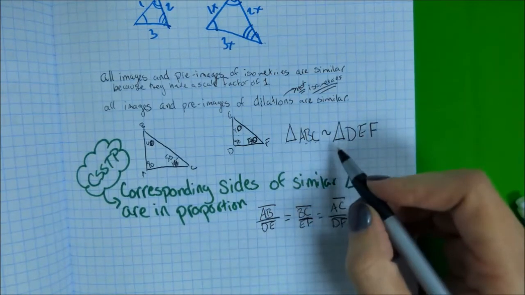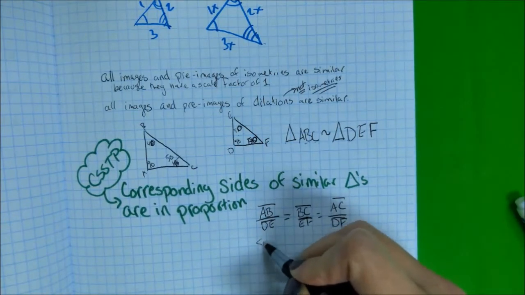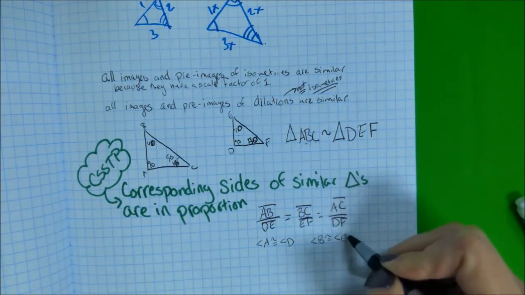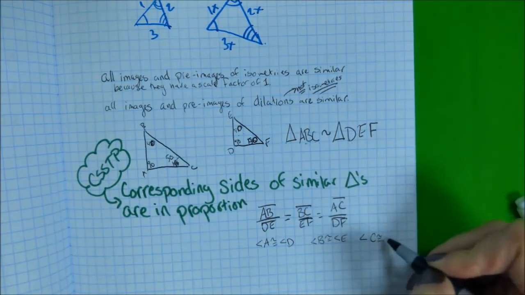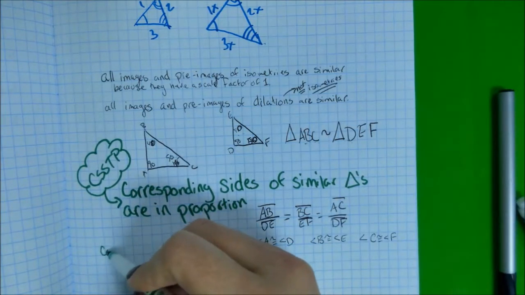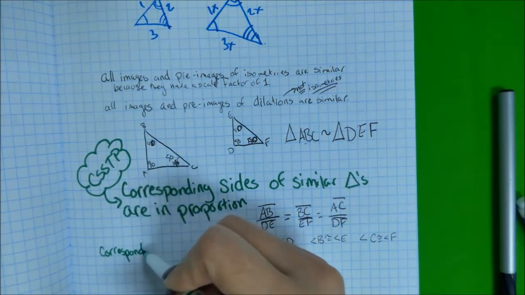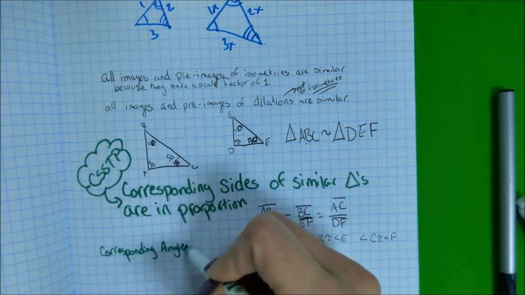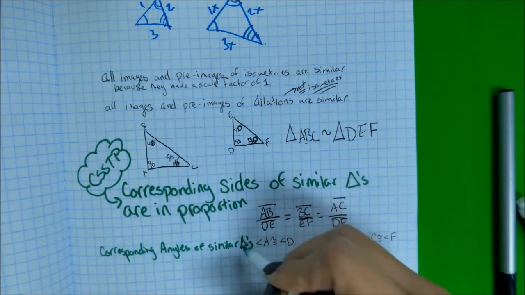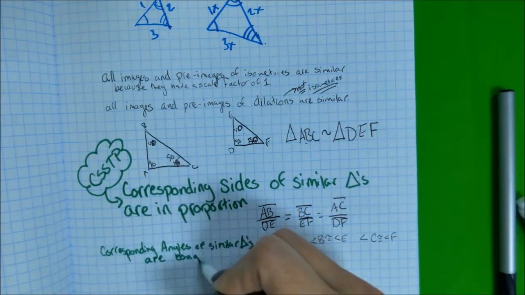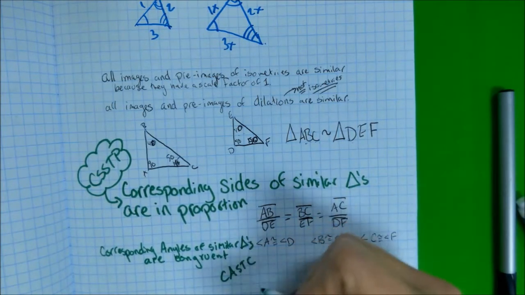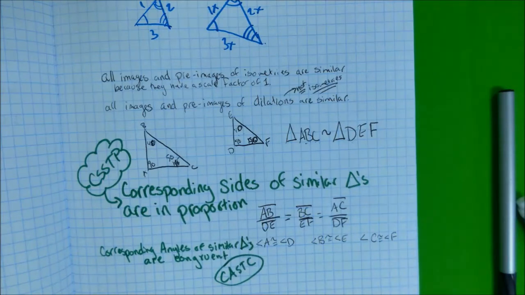So using the similarity statement, I know that angle A is congruent to angle D, angle B is congruent to angle E, and angle C is congruent to angle F. And this is just corresponding angles of similar triangles are congruent. Not as important, less exciting, CASTC. Okay?